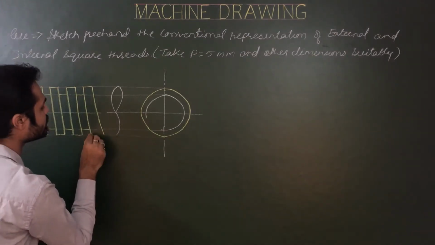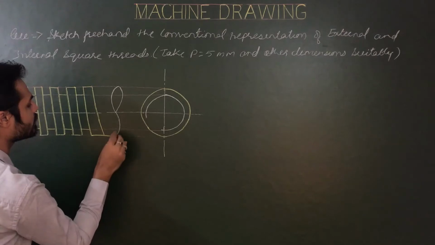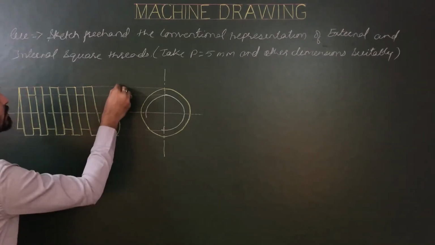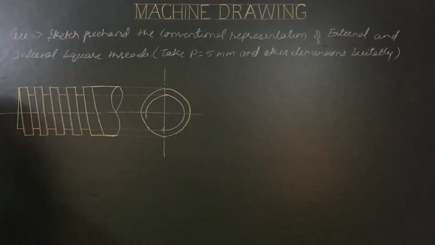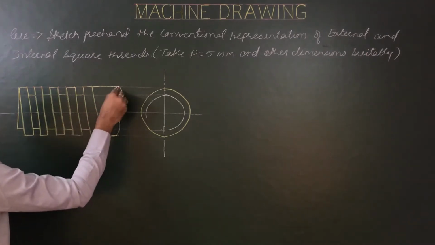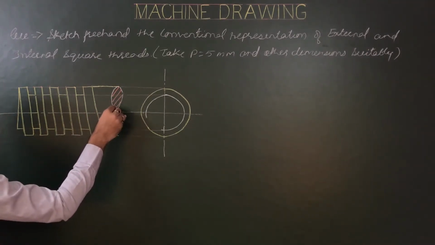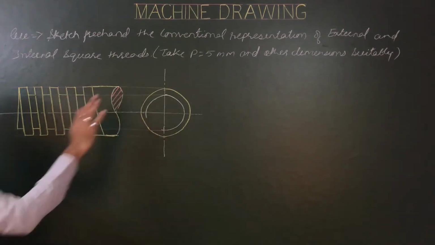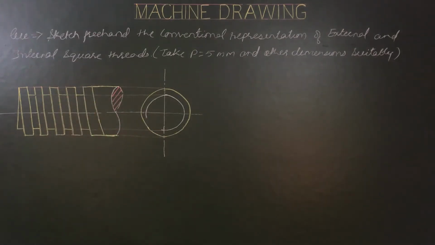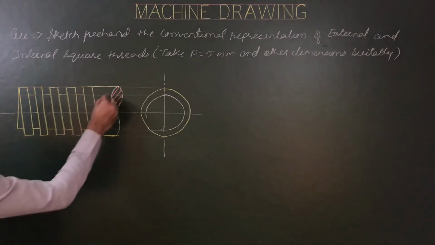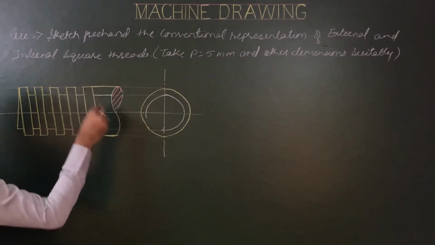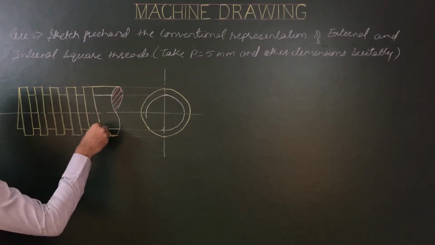And then we have to join this line like this with dark pencil, and this, and lastly draw hatching lines on the right hand end and show limits of internal thread with light pencil.